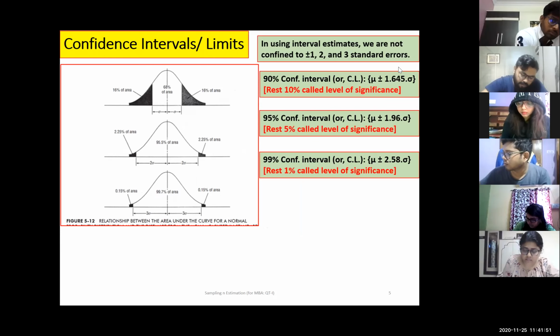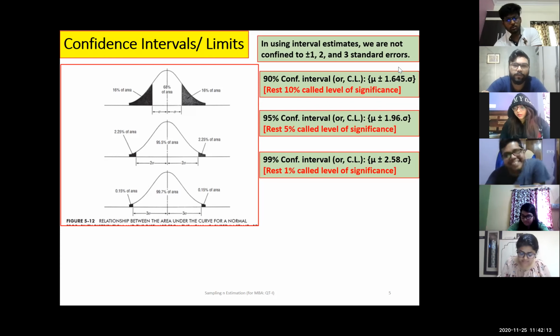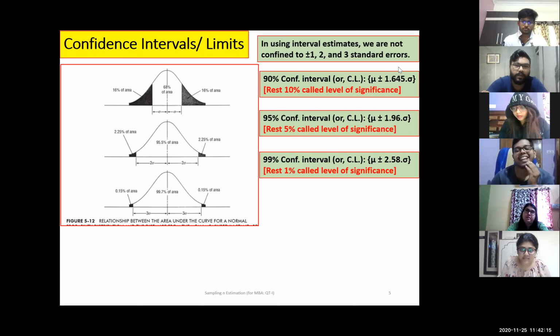Jatin, look to your ceiling, then tell me the numbers. Sir, 1.645, 1.96, 2 point something. Gaurav Das, look to the ceiling. 2.58, 1.645, 2.58, and 1.96. Ria, look up. Tell the 3 numbers. 1.96, 1.645, and 2.45.